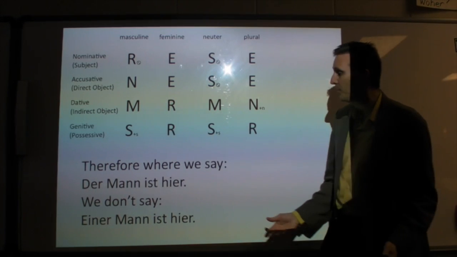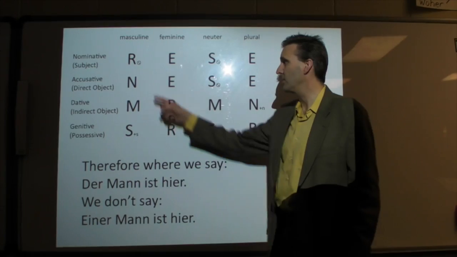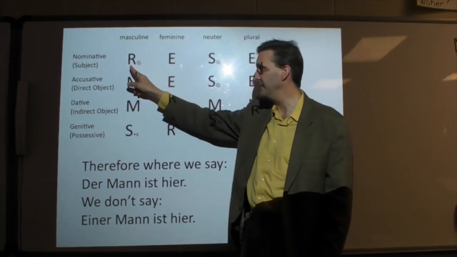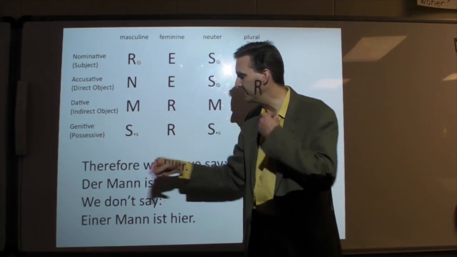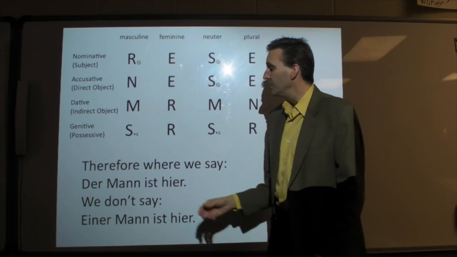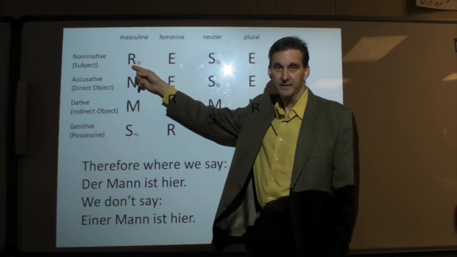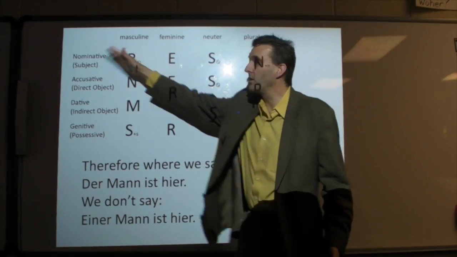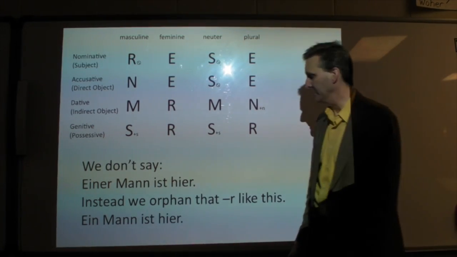Okay? So we know, for example, der Mann ist hier. So der Mann, there's my R. Mann is masculine, it's the subject, I need my R, and that's usually the case, okay? Der Mann is here. But you would think we would say einer Mann ist hier, einer Mann, but we don't say einer Mann, we orphan that R, and instead we simply say ein Mann.